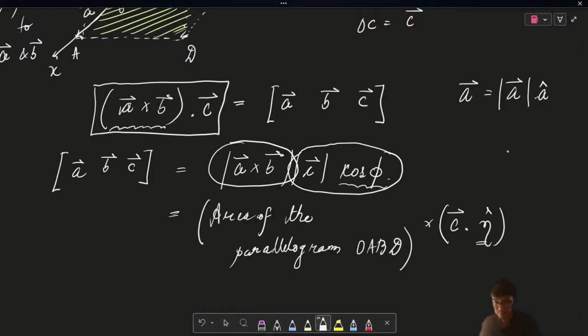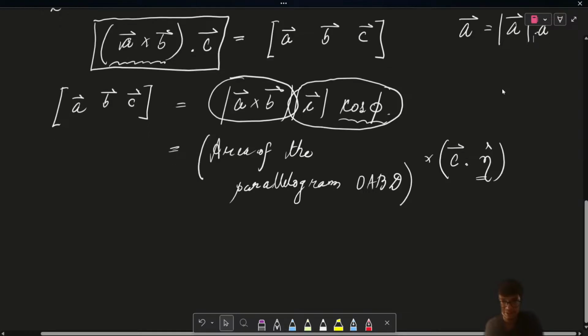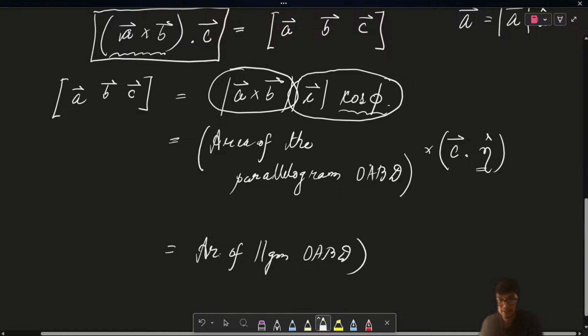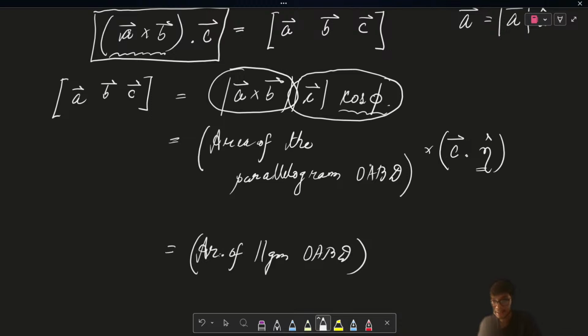So I write this part as the area of OABD, and this product can be written as mod of C into mod of n cap into cosine of phi. That's what I've written over here, right?